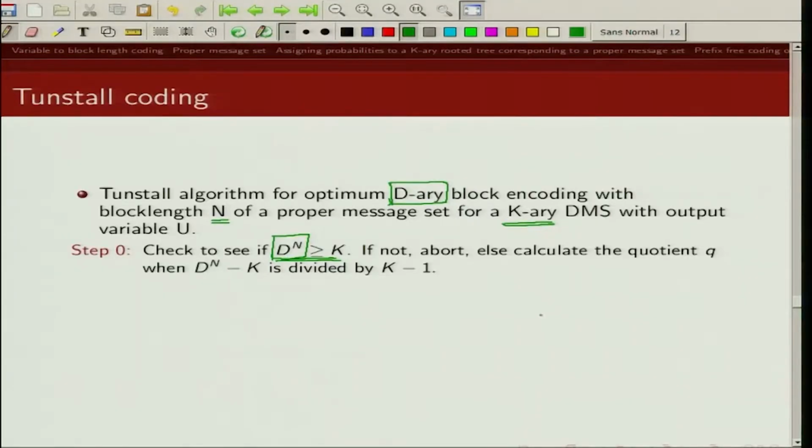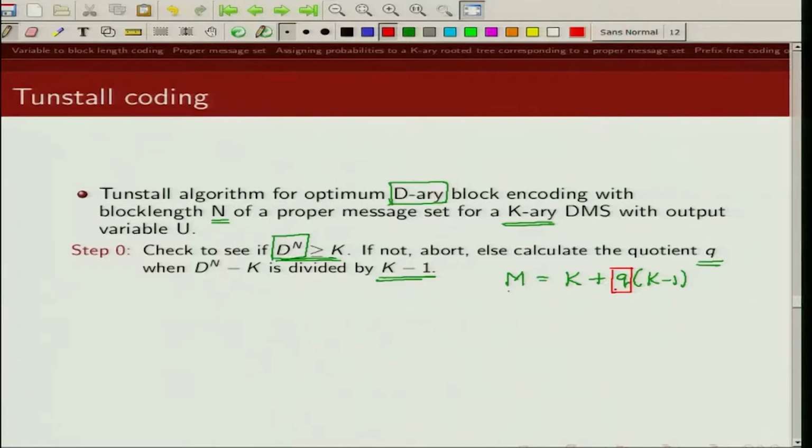Now if this condition is satisfied, then first thing that we are going to do is find out how many times we are going to extend the most likely node. Recall that we have said the number of messages is given by K plus q times K minus 1, right? And what is the number of messages that we can encode? That's D raised to power n. So D raised to power n minus K, if we divide by K minus 1, that would give us this q.